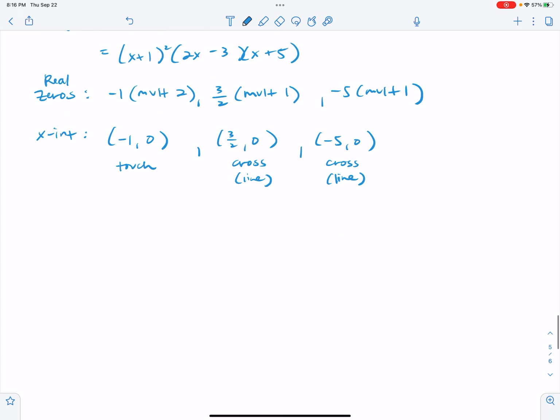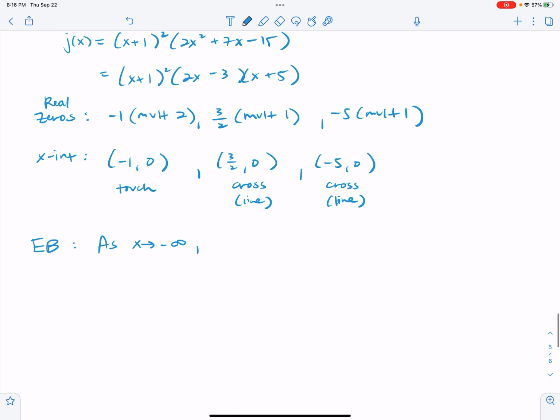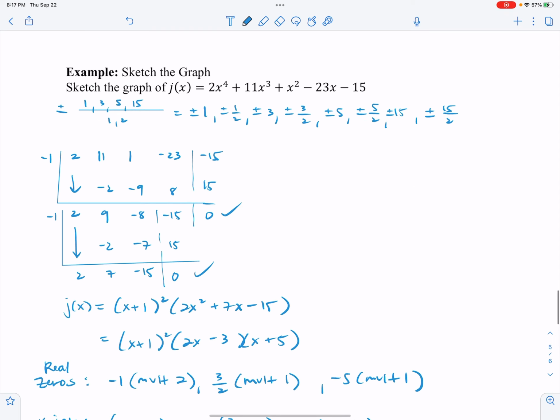And then for end behavior, as x approaches negative infinity, j of x will approach. We can focus on 2x to the 4th, which, even degree, positive leading coefficient, means both ends pointing up like a parabola.